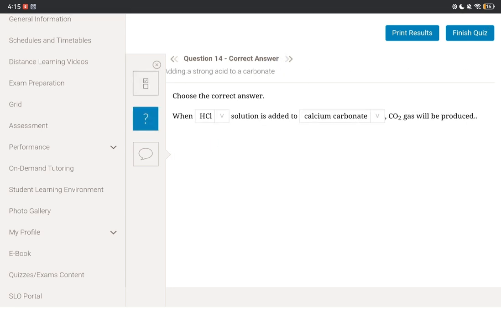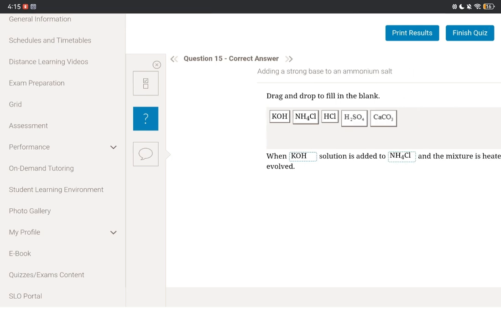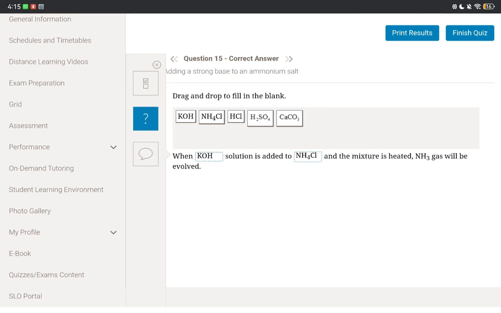When HCl solution is added to calcium carbonate, CO2 gas will be produced. You need to memorize that an acid plus a carbonate gives you CO2 gas, a salt, and water. So the salt will be calcium chloride. It's with an acid because carbonate itself is basic, I think.